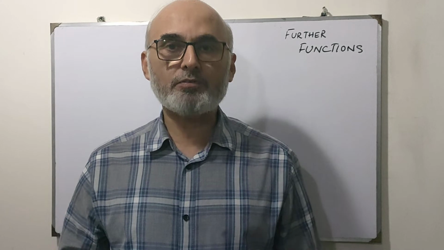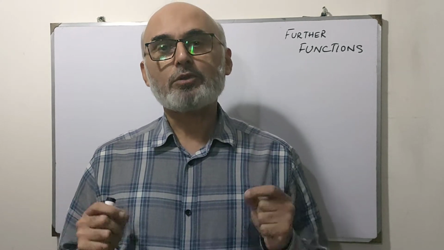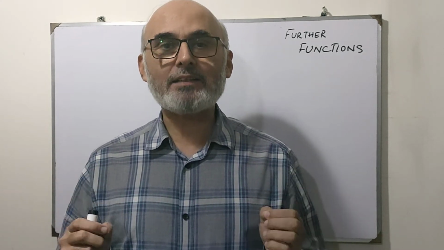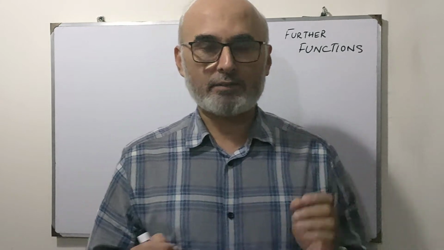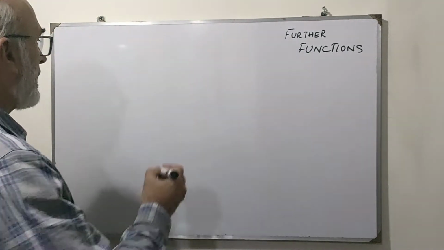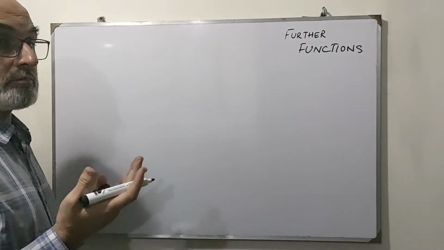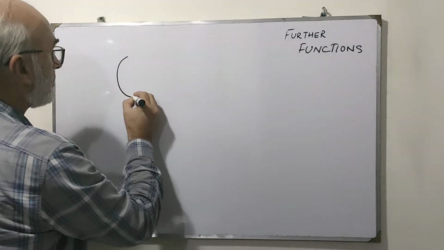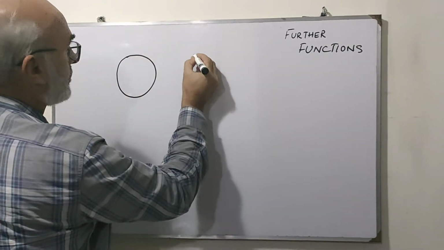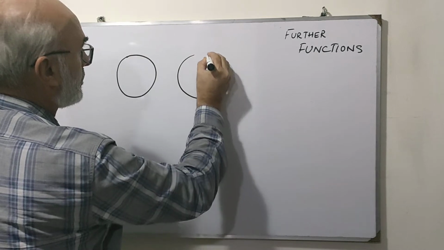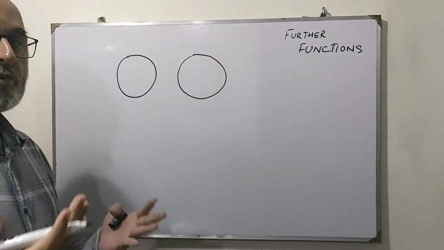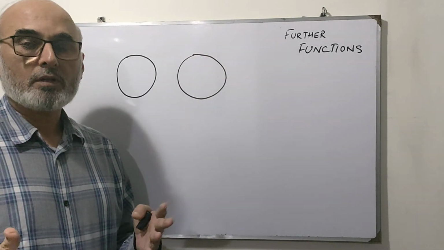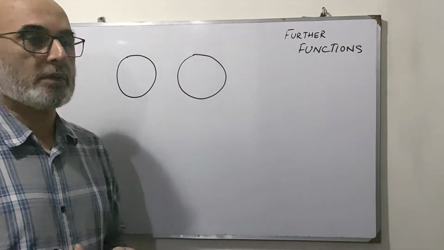We have discussed functions already, but to continue, let's see what we have already discussed. Suppose we have a function to get the perfect square of a number.